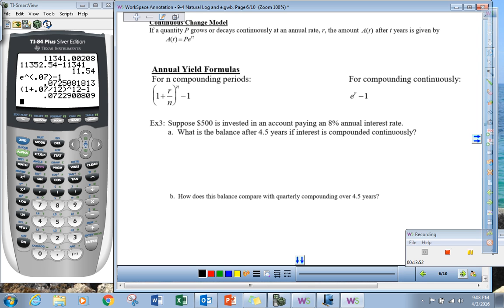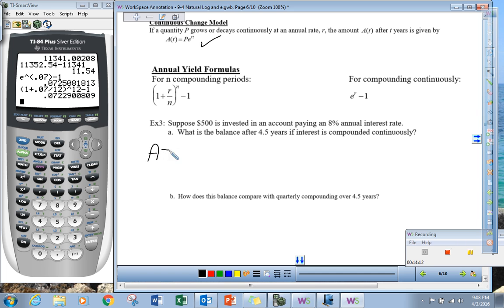Okay. Click over to your example 3 if you would. It says, suppose $500 is invested in an account paying 8% annual interest rate. What's the balance in 4.5 years if the interest is compounded continuously? That's your cue to use this formula right there. So here goes.